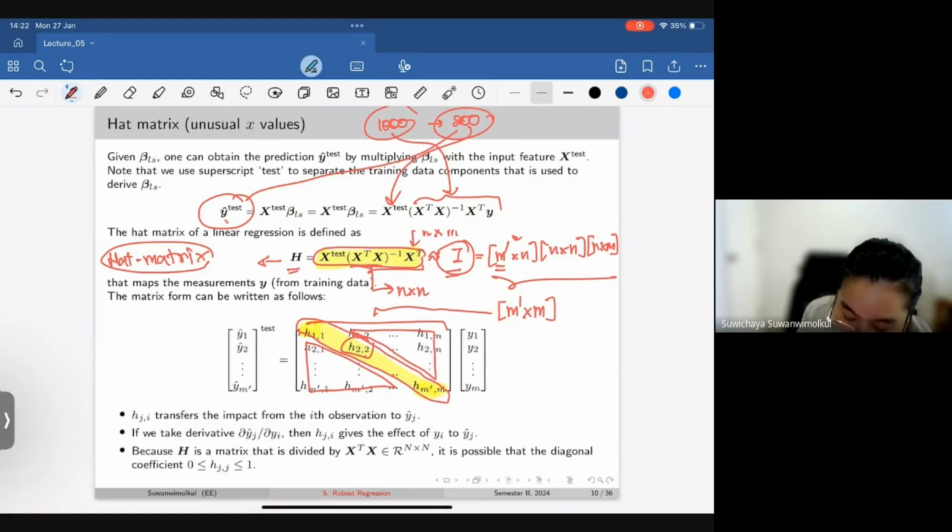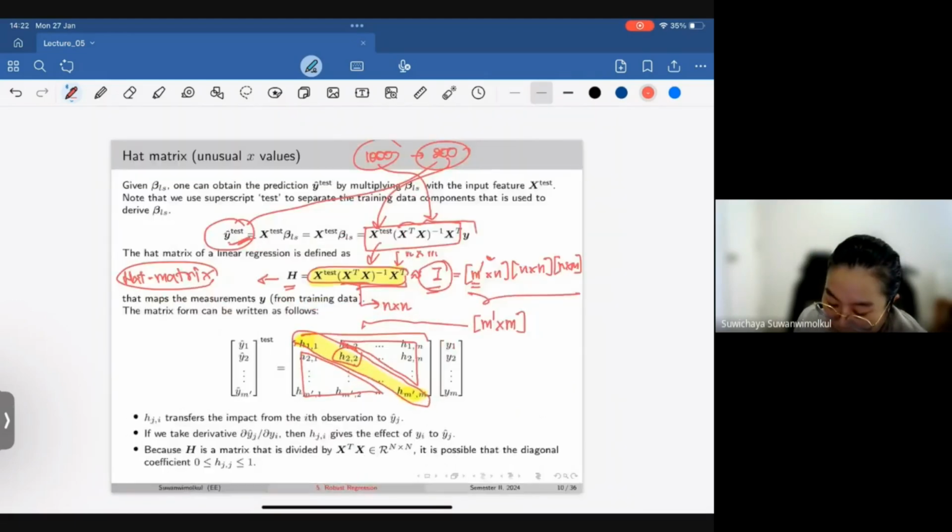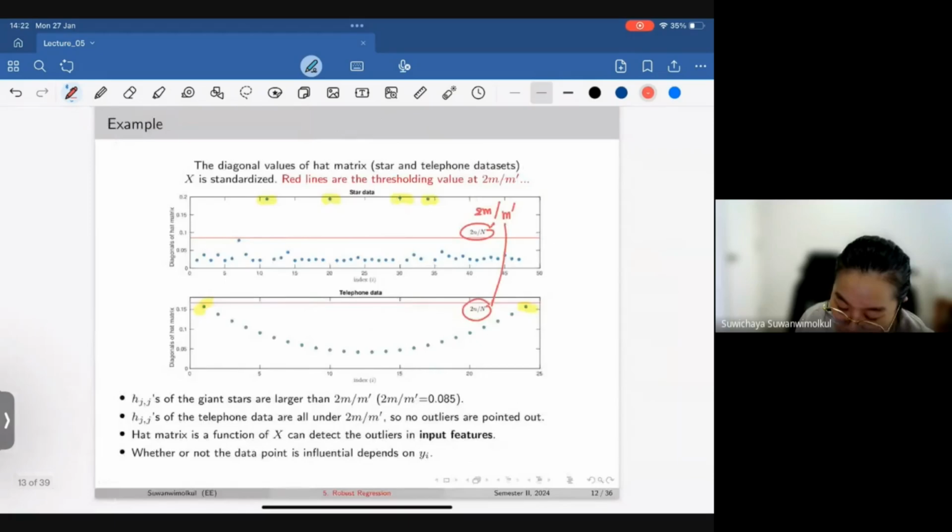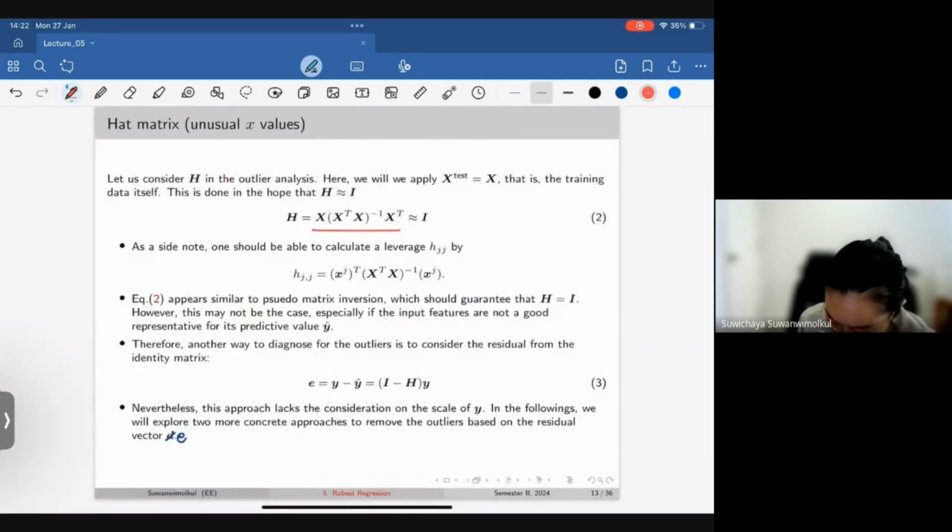Or if you don't want to go as far as finding a test, you could just multiply X together like that and see what the hat matrix would look like. That's an alternative. Another thing is, what if we just replace the test with X itself?